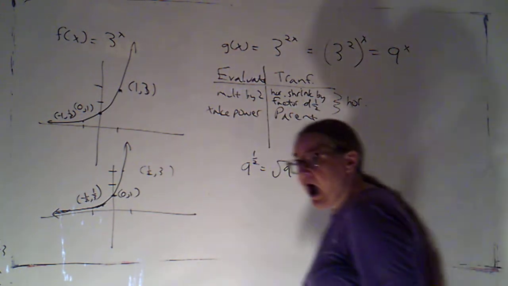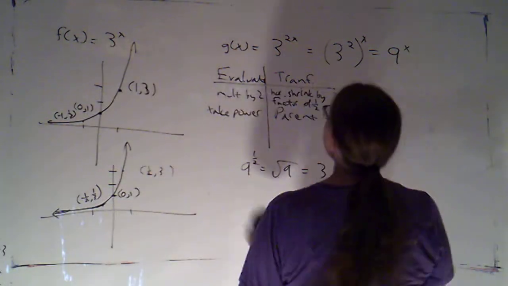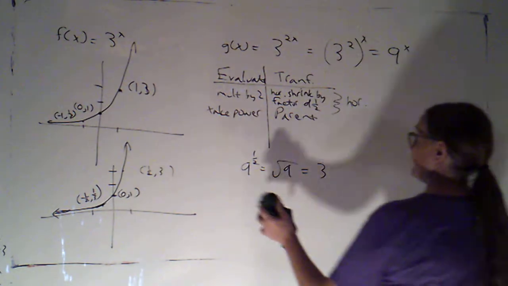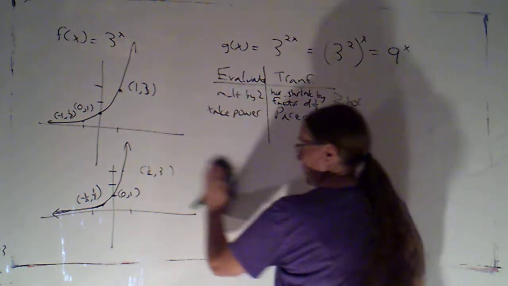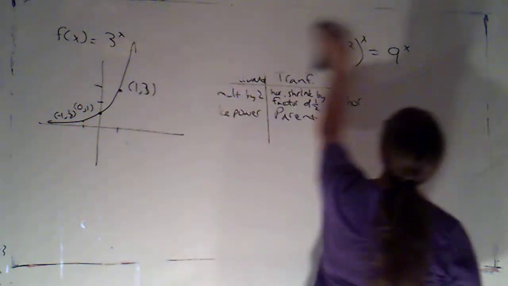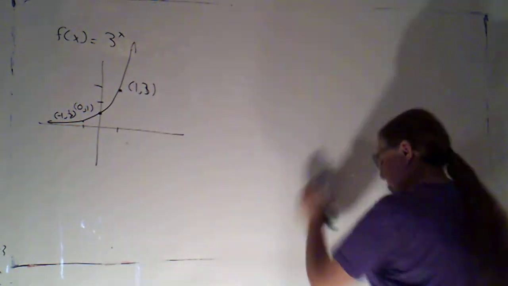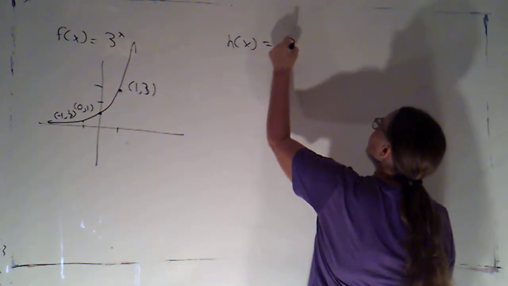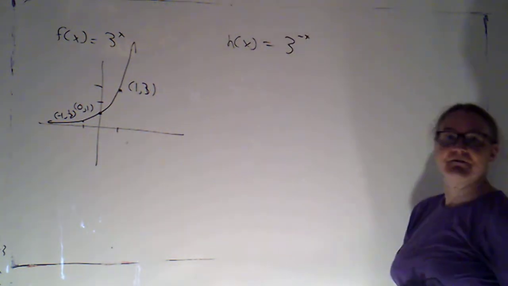Now, I want to look at also what happens if we multiply by a negative number. You will see some of those, but that could also be accomplished by just changing the base. So let's look at h of x equals 3 to the negative x.